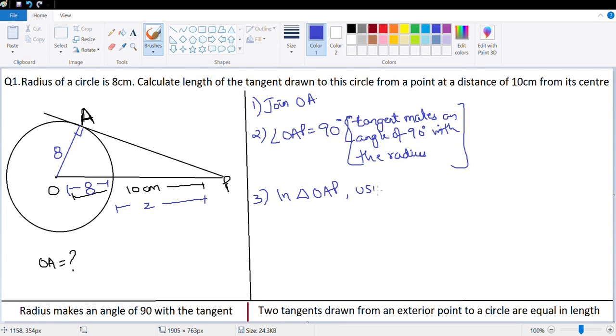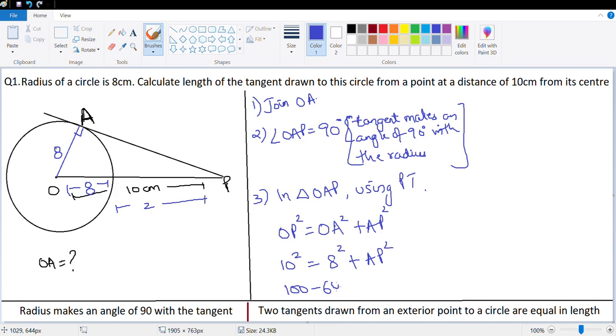So in triangle OAP using Pythagoras theorem, what I get is OP square is equal to OA square plus AP square. OP is given equal to 10. So 10 square is equal to OA square, that's 8 square, plus AP square, which means 100 minus 64 is equal to AP square, which means AP square is equal to 36, therefore AP is equal to 6.